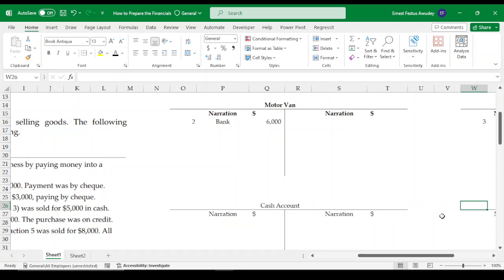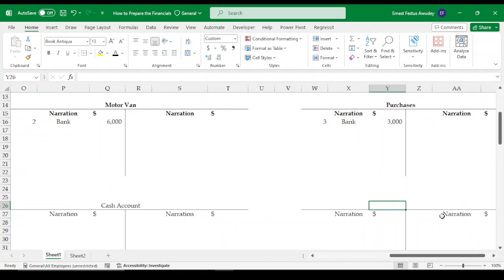And the next item that is going to be affected is our sales account, because we have sold inventory. All right, we have sold inventory. So I'll just come here, and let me see if F4 will work. Hitting F4 is going to repeat my last action in Excel for me, and that is fine.